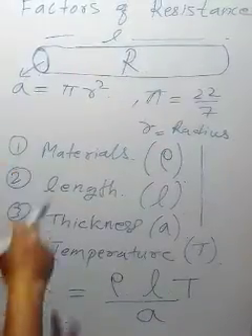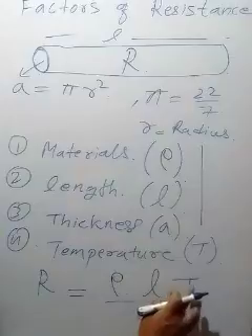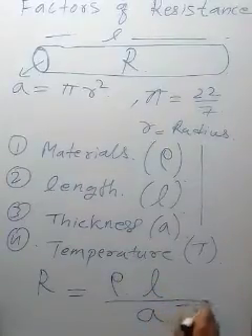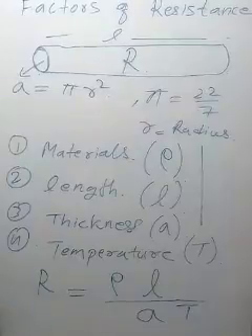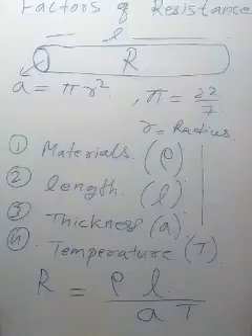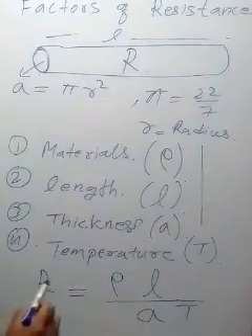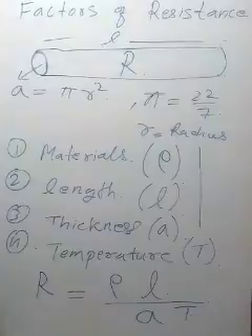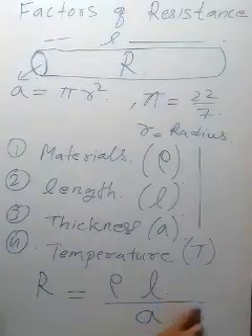But if the resistance is non-ohmic, the temperature may go up or down; when resistance increases, temperature decreases, or when temperature decreases, resistance increases. That's why I have not written T here.